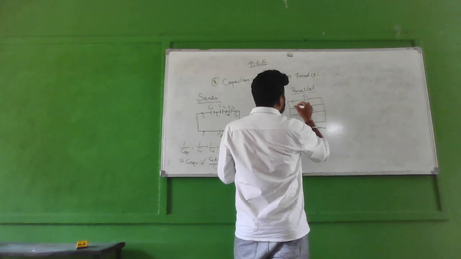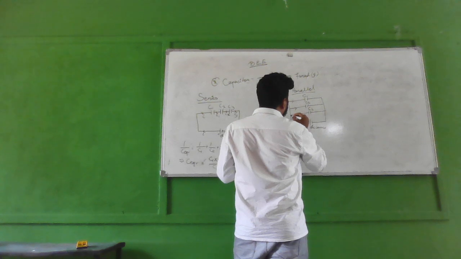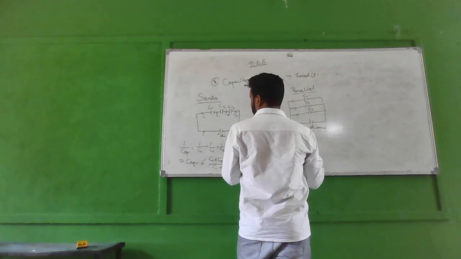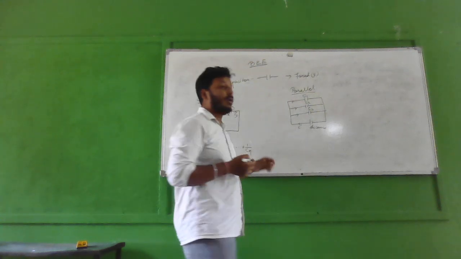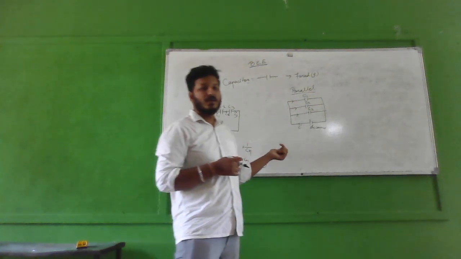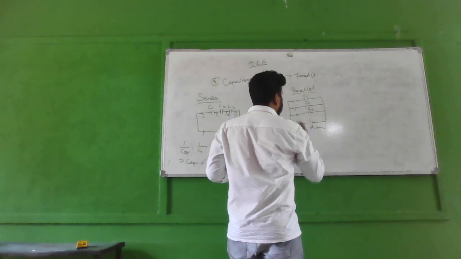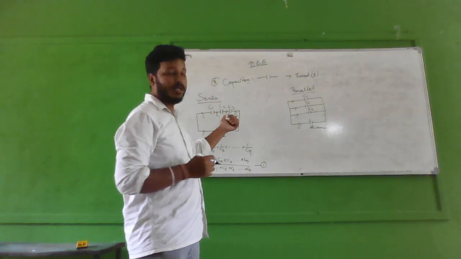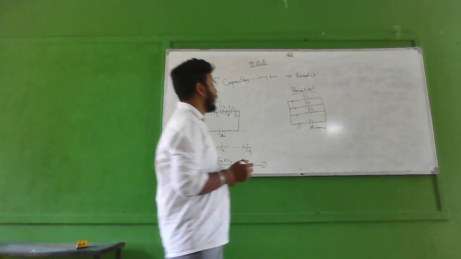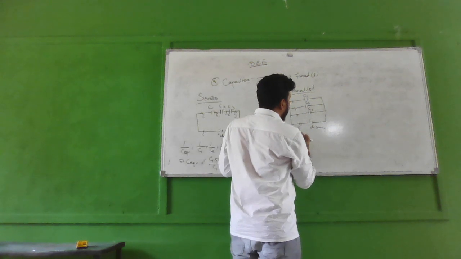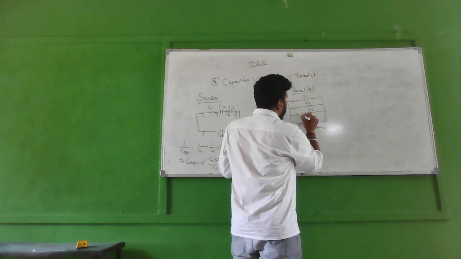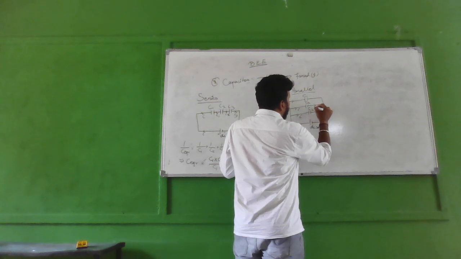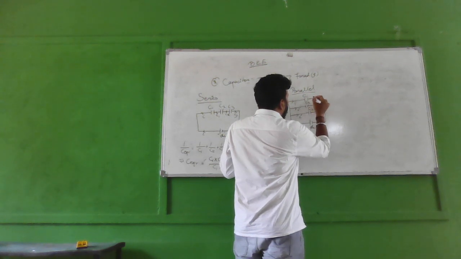Here the voltage is constant, while in the series case the current is the same through each capacitor.